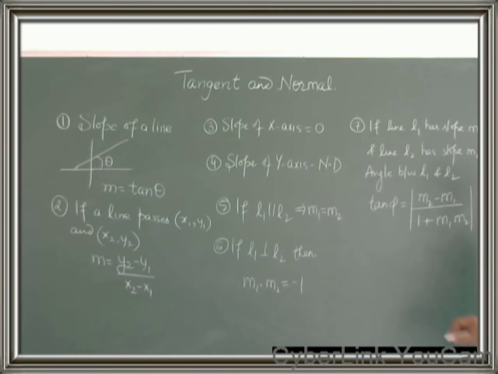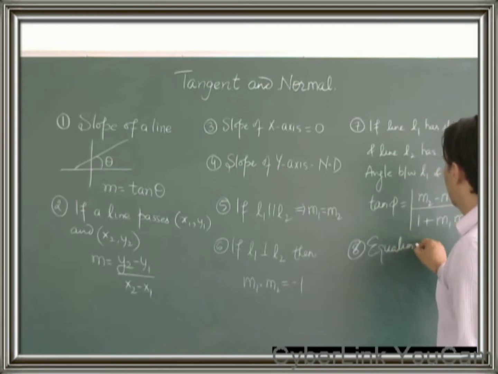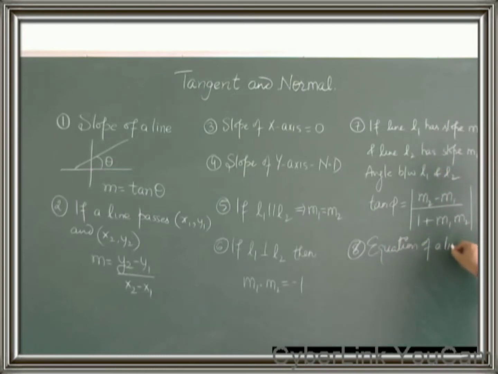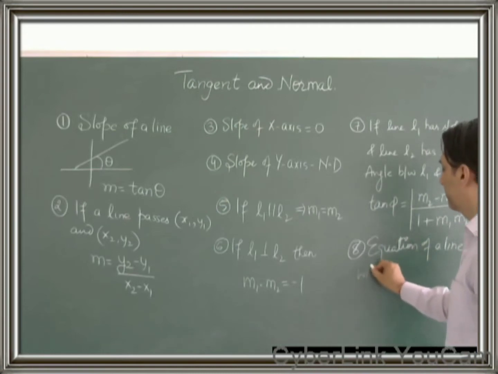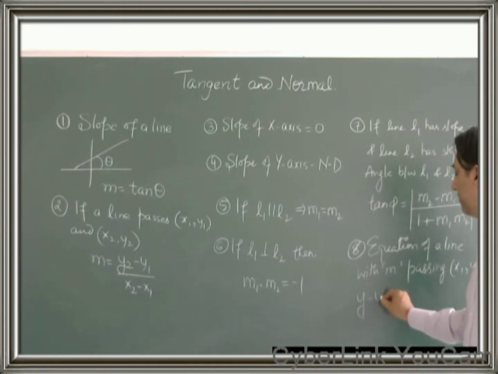After this, we have the equation of a line with slope m and passing through (x1, y1). You must have done this many times in class 11: the equation is given by y minus y1 equals m times (x minus x1).